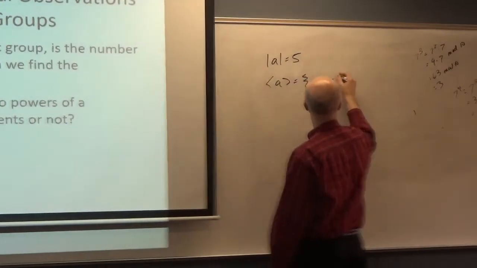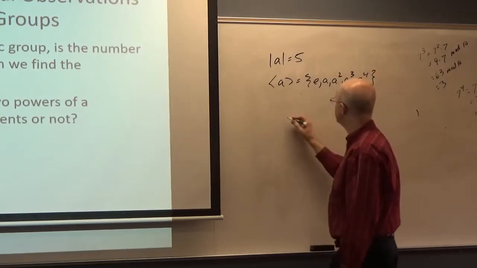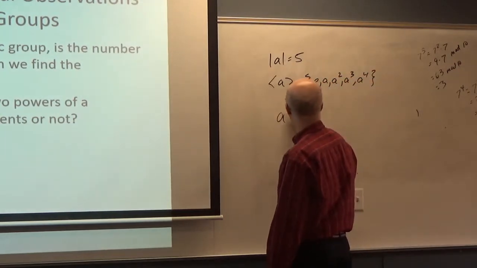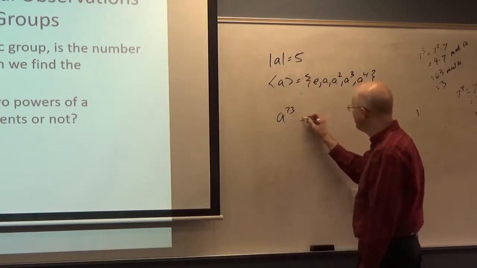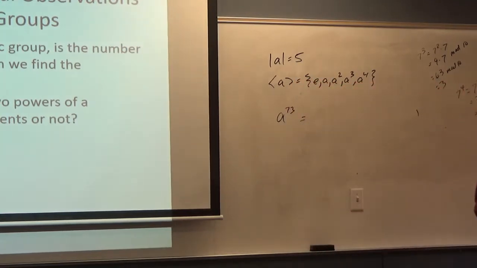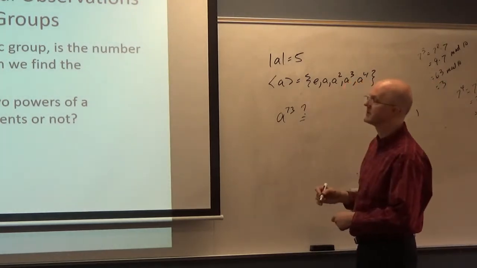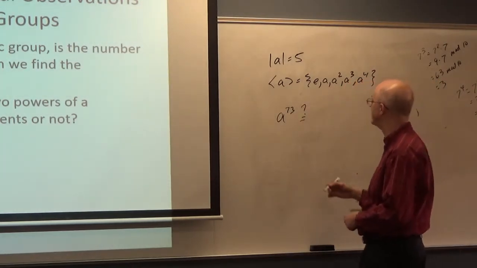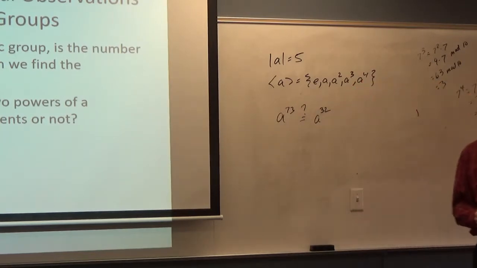In the abstract, got an arbitrary power like, say, a to the 73rd power. Well, okay, I'll put a question mark here to really address this question. Is a to the 73rd equal to, say, a to the 32nd? Could that possibly be true?